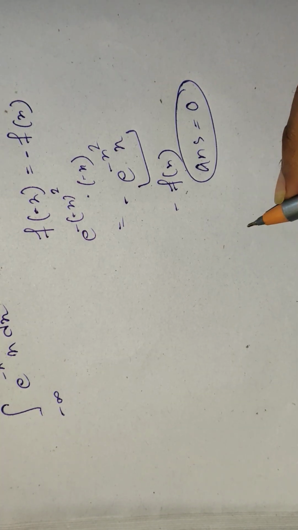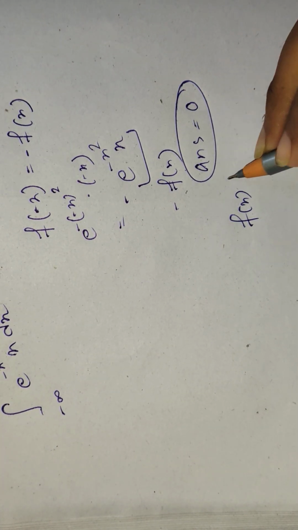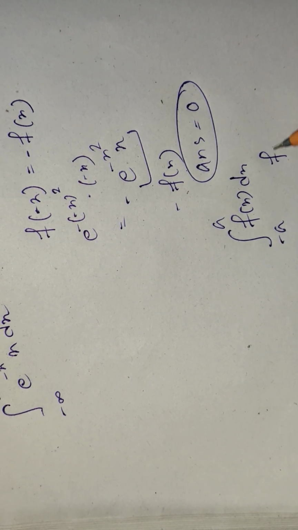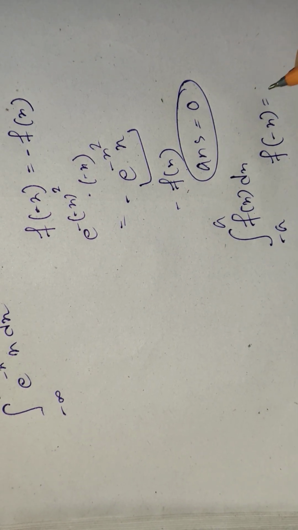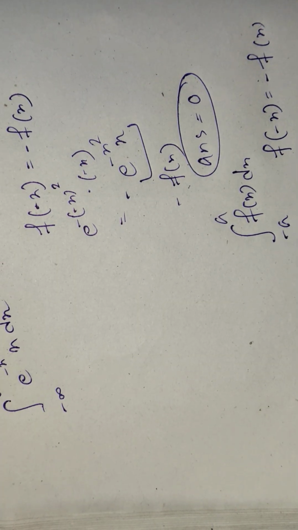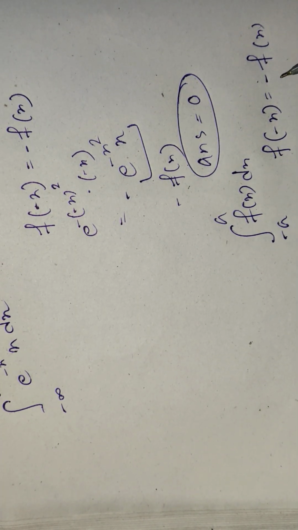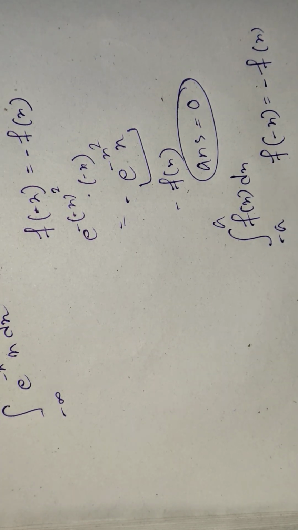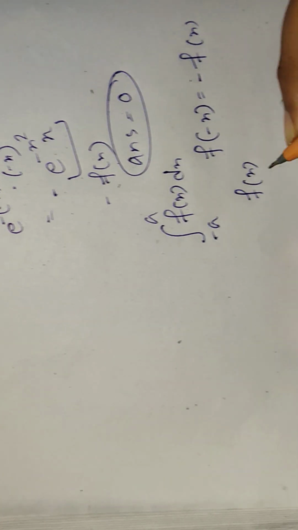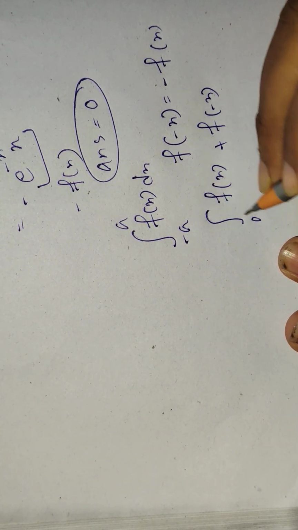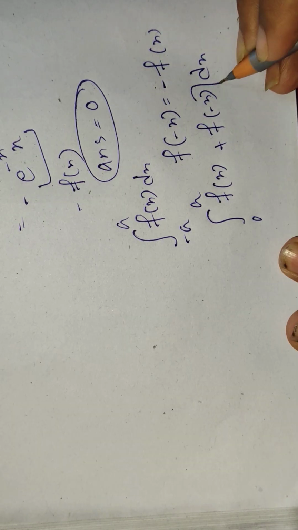Because if we say this is integral of f of x dx from minus a to a, the property is, if f of minus x is equal to minus of f of x, in that case, we can say this is nothing but integral of f of x plus f of minus x, 0 to a, dx.